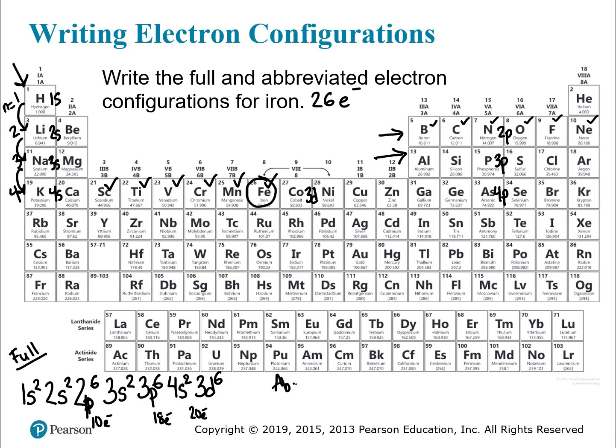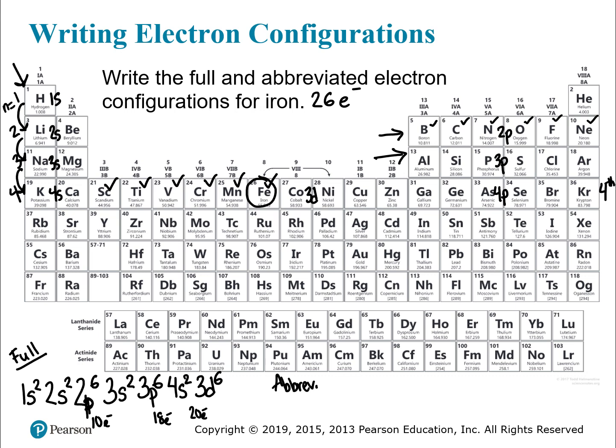Now let's write the abbreviated form. We said that iron is in the 4th period. And for the abbreviated notation, we need to look at the noble gas that is in the period prior to the one that our element is in.